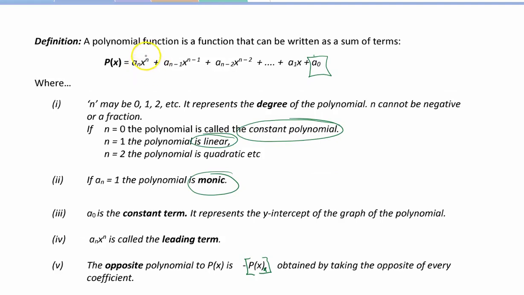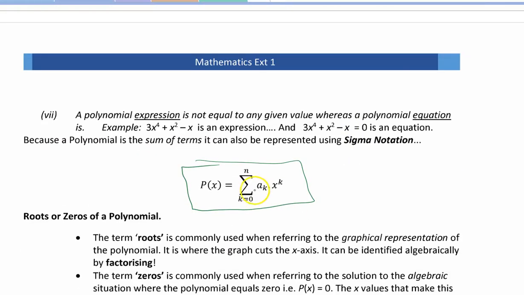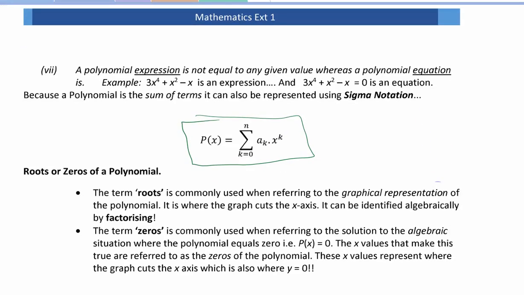We commonly see our polynomial written with the highest power of x first, whereas here, when we apply k is 0, we have x to the 0, which is 1, so the x actually disappears, and then we do k is 1. So we've got our x term, then our x squared term, and so on. It's just the reverse of the above expression.